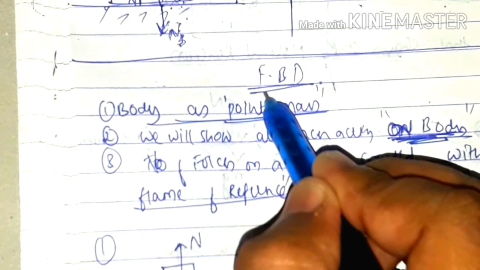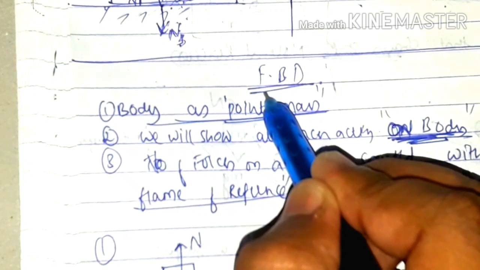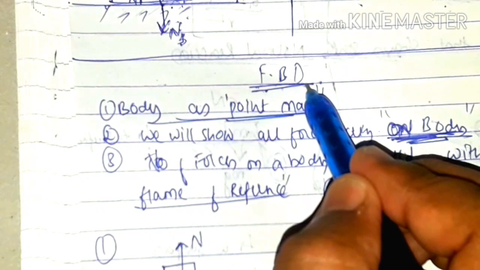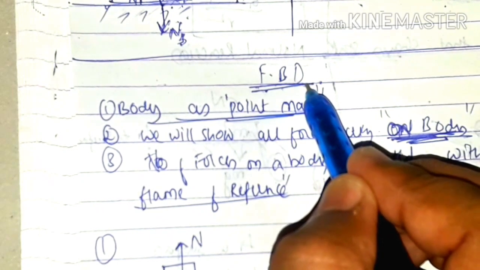That we have to draw. That is the basic idea of the FBD, that is, the free body diagram. But we cannot simply follow it like that. There are certain rules to follow. Certain conditions are there, we need to follow.